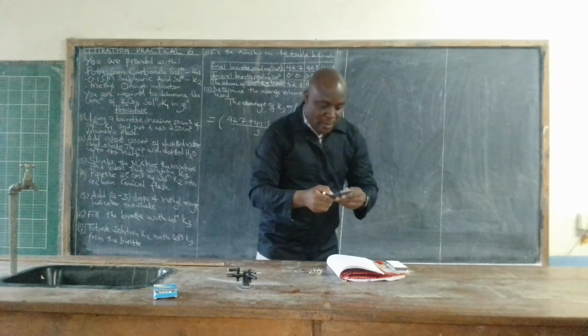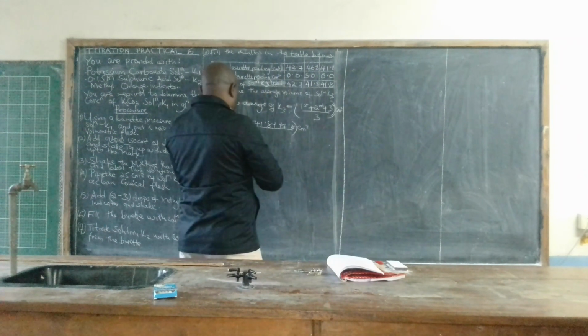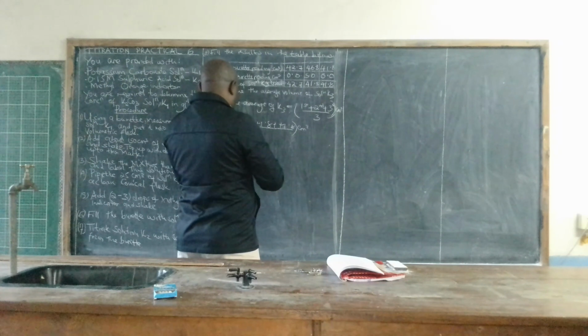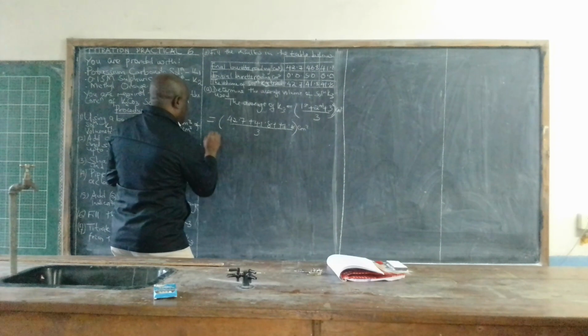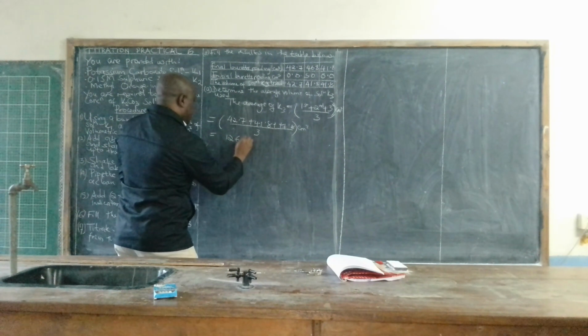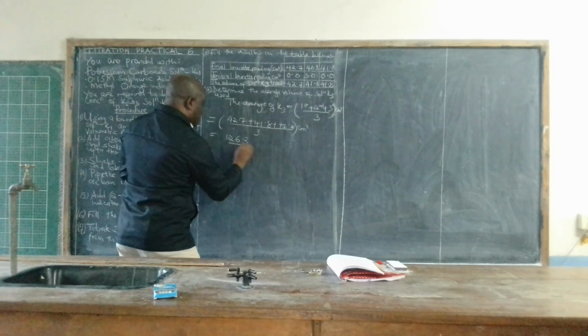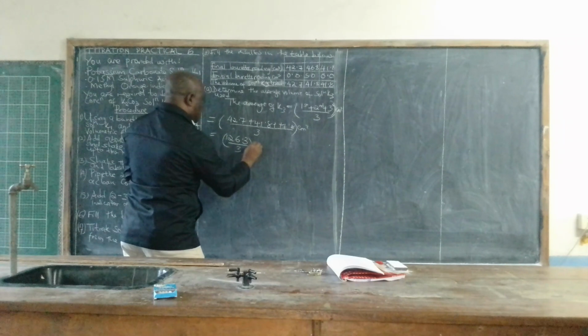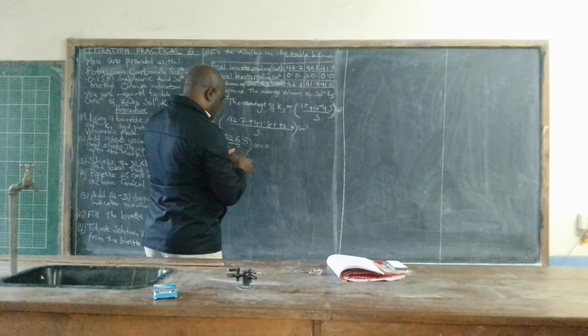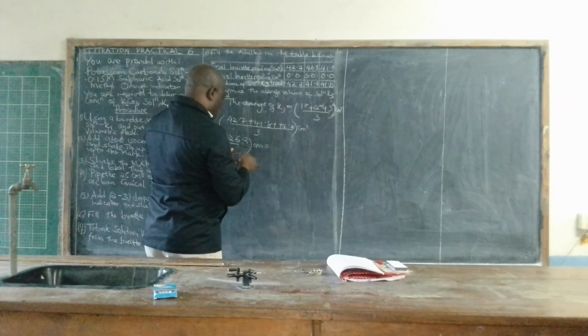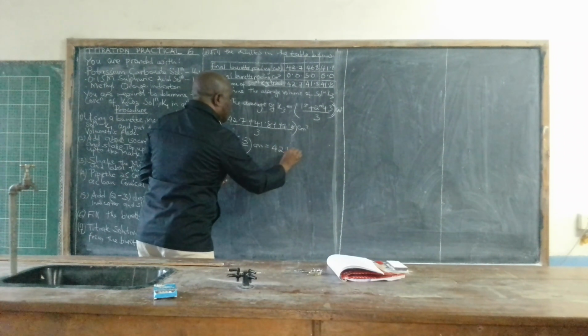So when we come back to our calculator here, we are just going to add them very fast. 42.7 plus 41.8 plus 41.8 is equal to 126.3. Then 126.3 divided by 3, we get 42.1 cubic centimeters.